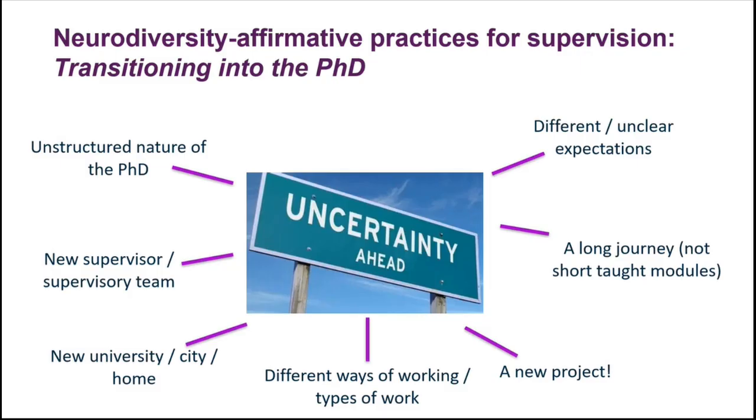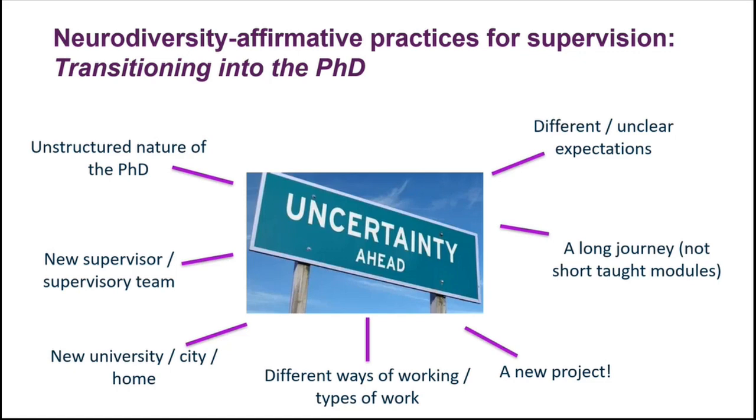So we do need to recognise that onboarding PhD students at the beginning of that PhD, especially neurodivergent PhD students, and setting up ways of working as a supervisor become especially important. And we really need to be clear how supervisory relationships are going to work, how the supervision as a whole is going to be laid out and structured over the PhD.